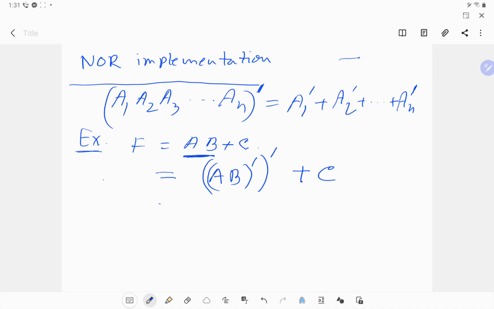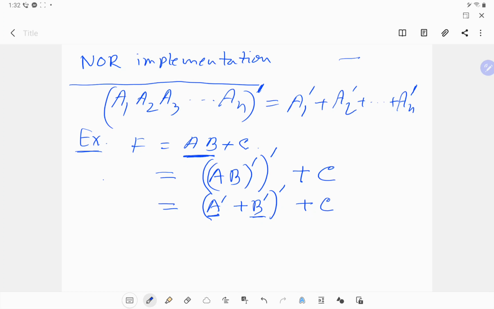So now what do we have here? A prime plus B prime after applying the De Morgan theorem, and we also have plus C. Now we can implement A prime by using a NOR gate, B prime by using a NOR gate, and also A prime plus B prime all using a NOR gate.